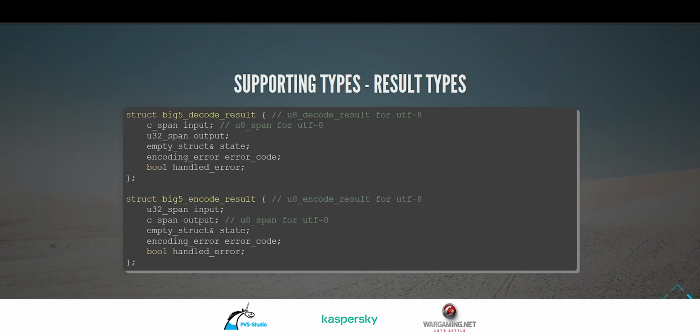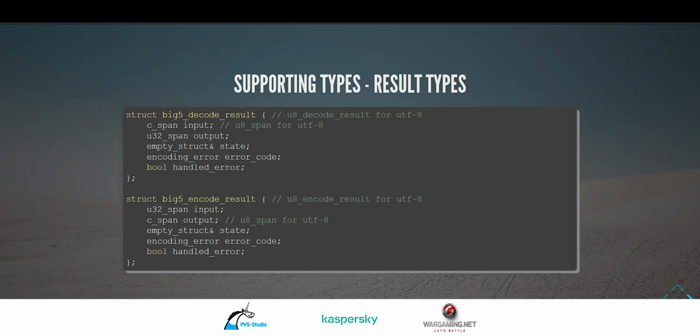Even in those cases, what we do is set the handled error flag, but clear the error code so that further down other algorithms don't trap or bail because they detect that the error code is not equal to OK. But we still want to propagate that information that we did handle an error. It's just that we did the replacement character thing. We put the little square diamond that people recognize. So obviously we don't want it to stop the algorithm, but we still want to let them know that we handled an error anyway. So check your text or something.